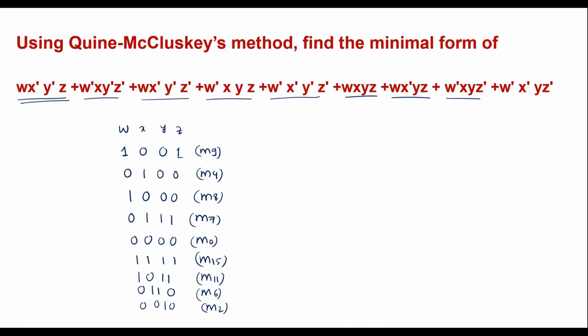The next step in the Quine-McCluskey method is to represent these numbers in different groups. I will tell you how to do the grouping. I will call it step 1. First I will make group 0.